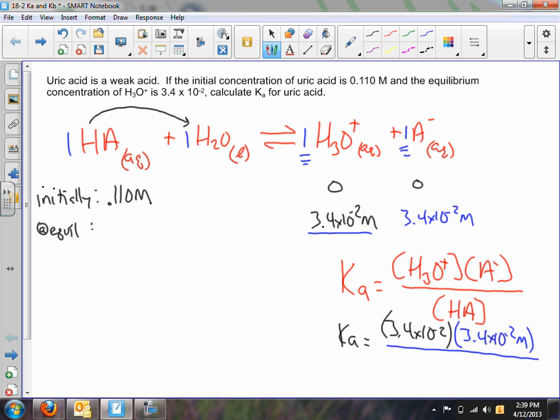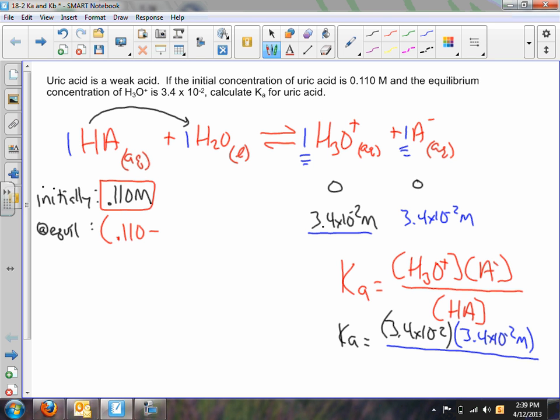Now I just need the HA. Well, I started with the HA concentration to be 0.11. However, some of that HA is being split apart into H3O and A minus, which means I don't have 0.11 molar anymore. So to find out how much I do have, I take what I started with, 0.110, and I have to subtract out how much split apart.